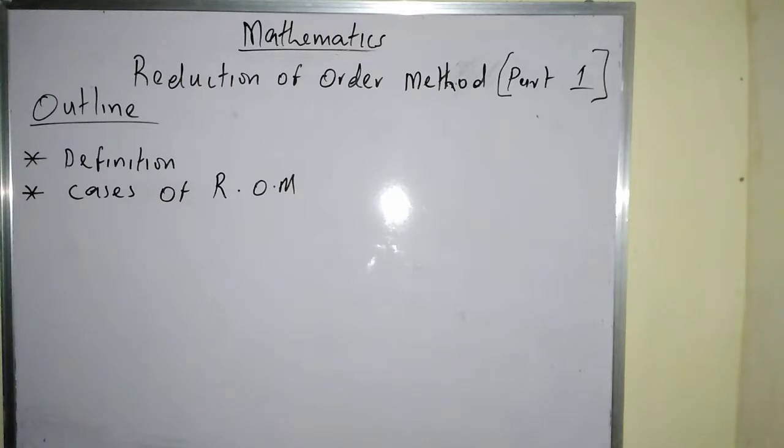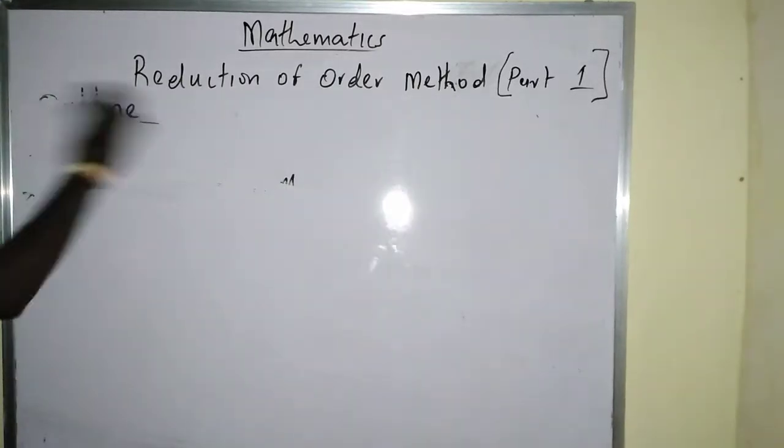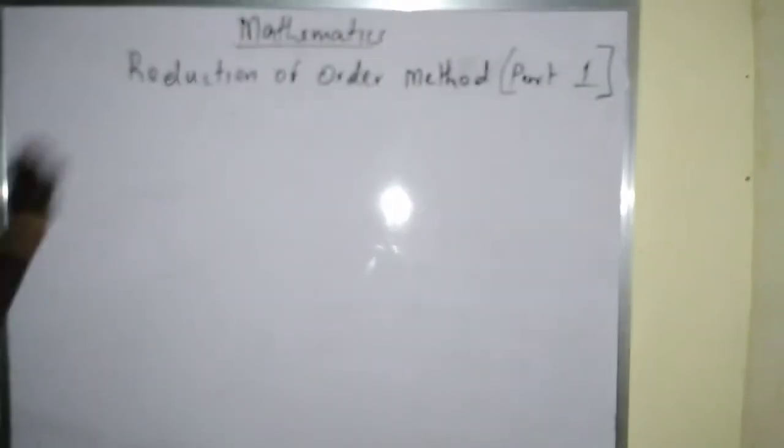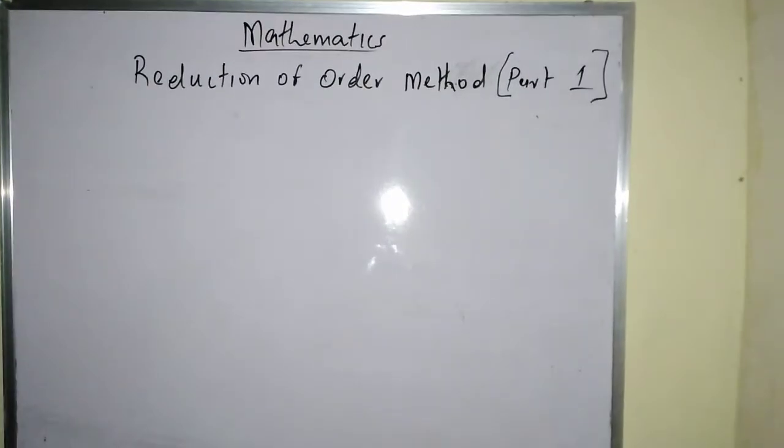Now, let me start from the first outline, which is called definition. If I'm talking about the definition of ODE, before we move on deep, I have to let you know the meaning of ODE.